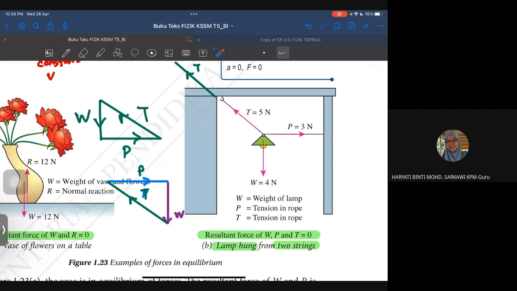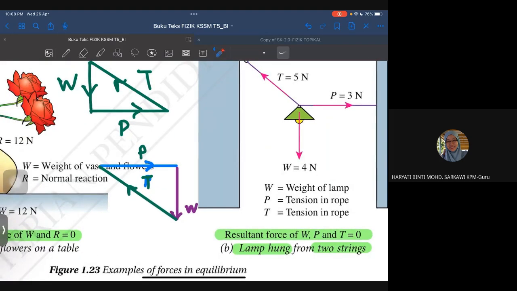And when you draw the triangle of forces, the rule is you cannot change the direction. You need to follow the actual direction of the force. It means that when you draw your diagram, the triangle must only have one direction, like that. If, let's say, you suddenly draw the arrow here going down, here going up, and this one like that, it means the diagram is already wrong.